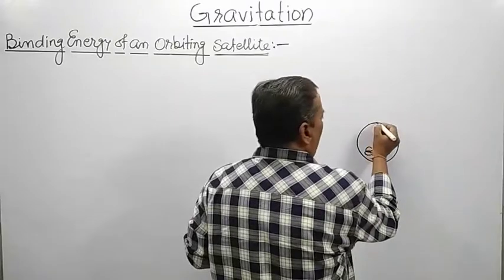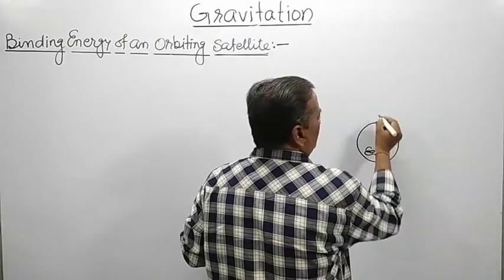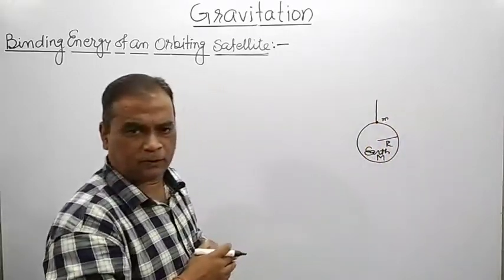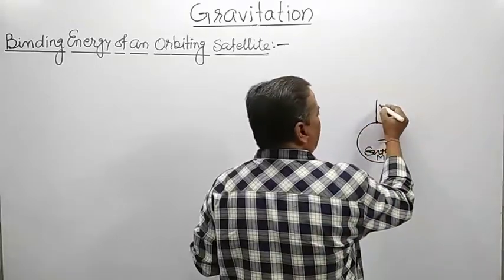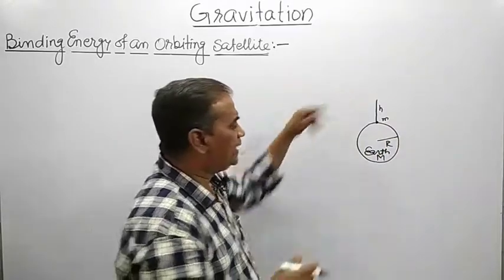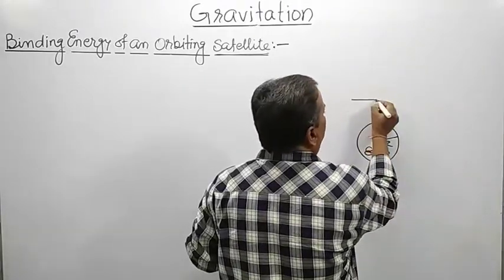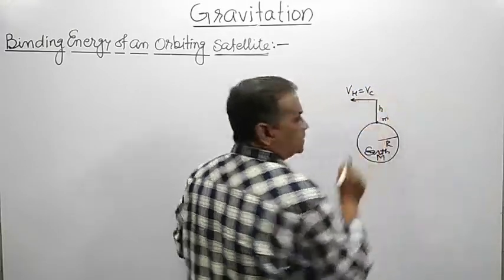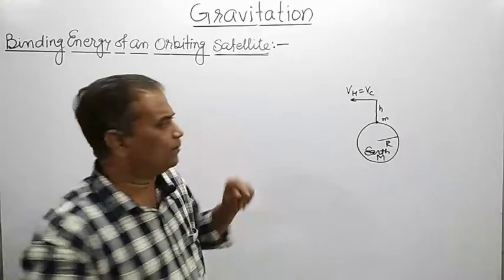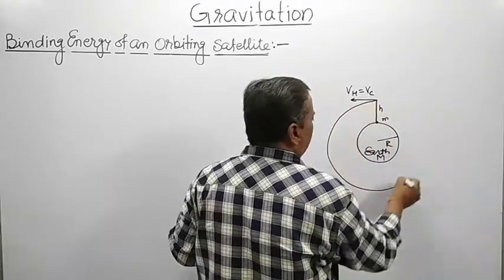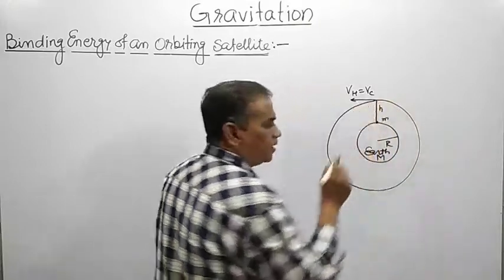A satellite of mass small m is projected vertically upward so that it attains a height h above the surface of Earth. And when it attains a height h, that satellite is given a horizontal velocity of projection equal to its critical velocity, so that satellite starts revolving in a circular orbit round the Earth.